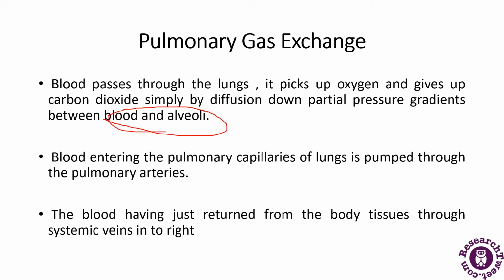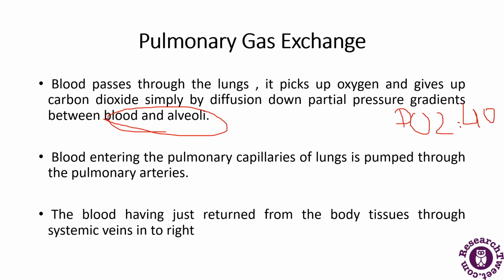That was being represented in the diagram, that PO2 is about 40 mmHg, and it is relatively high in carbon dioxide, where the partial pressure of carbon dioxide is 46 mmHg.